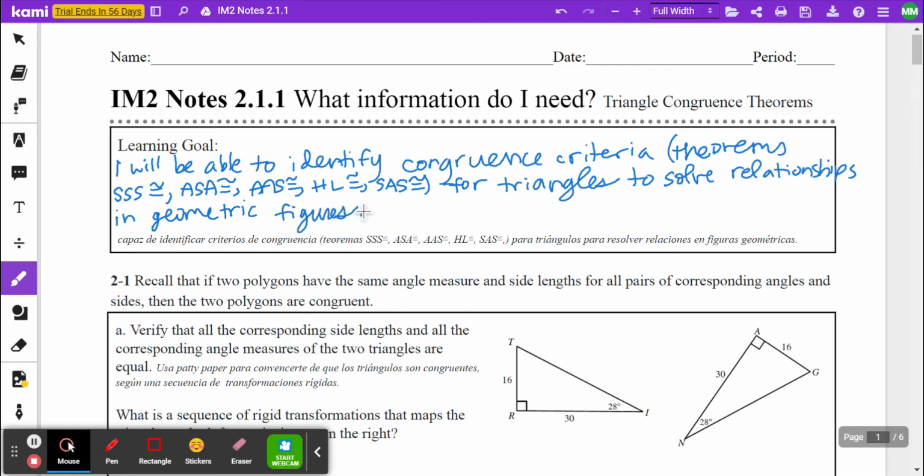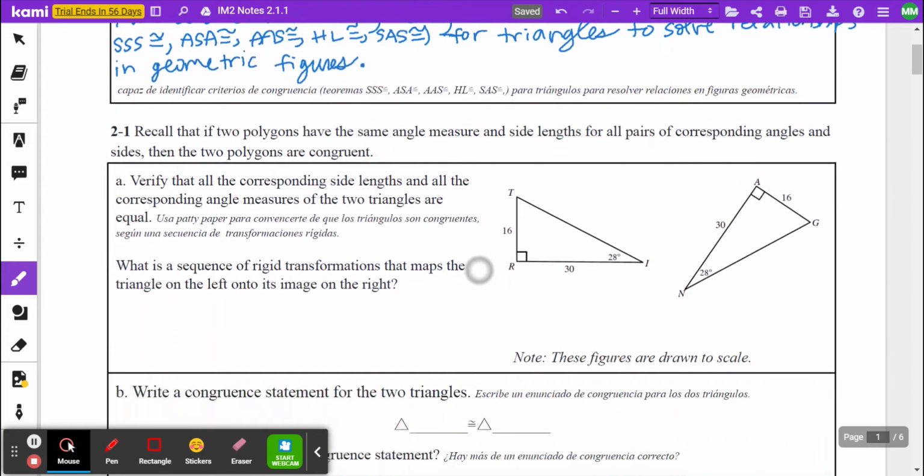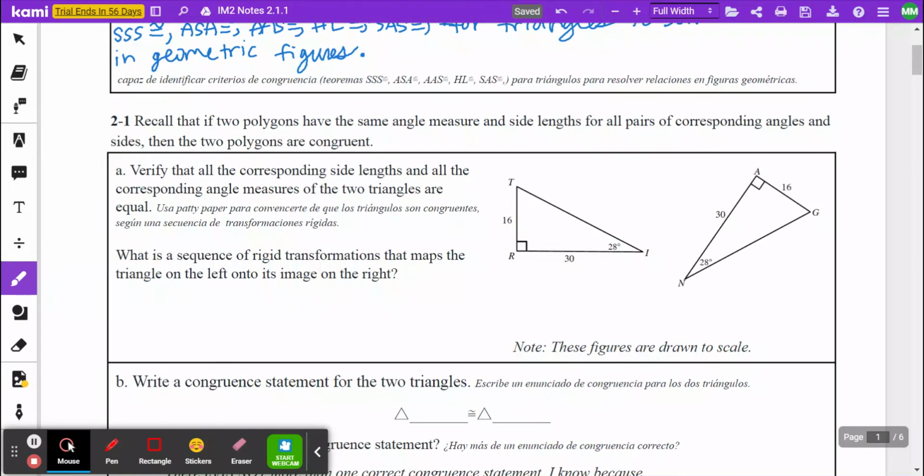Okay, 2-1. Recall that if two polygons have the same angle measure and side lengths for all pairs of corresponding angles and sides, then the two polygons are congruent. We're going to verify that all the corresponding side lengths and all the corresponding angle measures of the two triangles are in fact equal, and we're going to do that by starting with some rigid transformations.